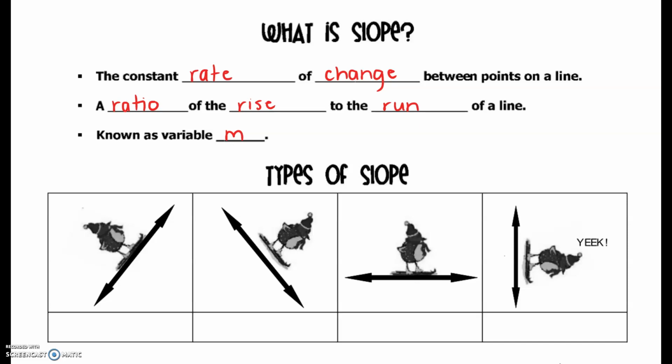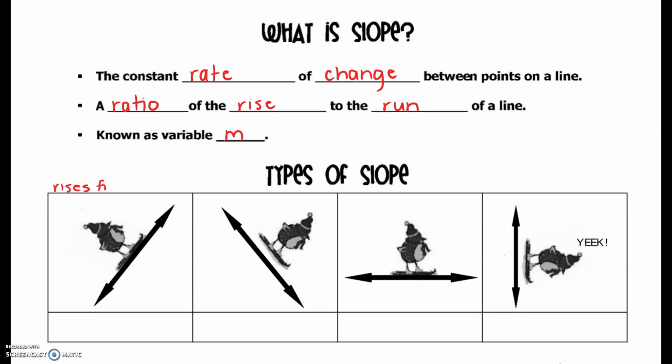So we have four different types of slope. In these pictures here, you can see the four different types of lines that are represented with this little penguin on his skis. So a line that rises from left to right. So I'm going to make a little note here at the top.